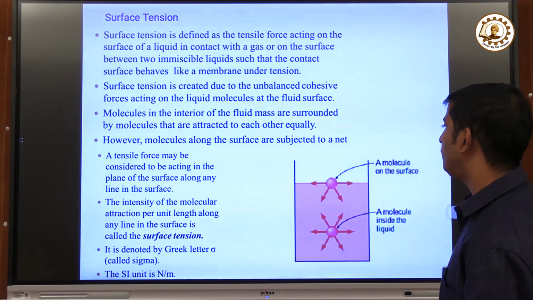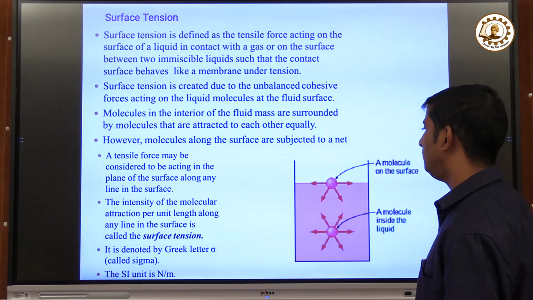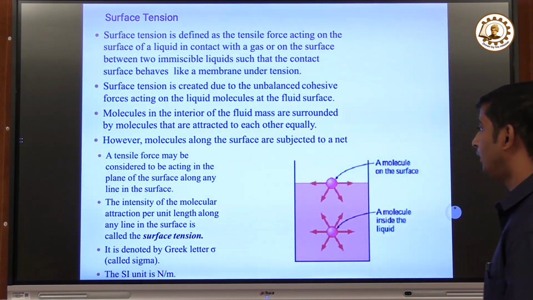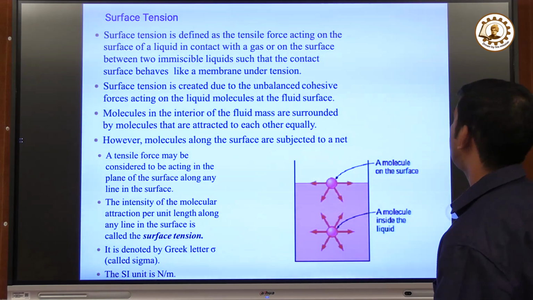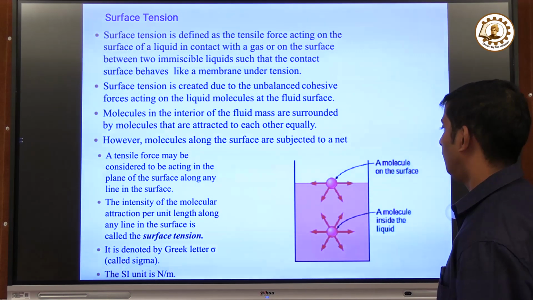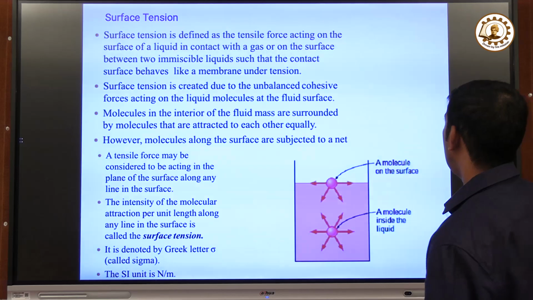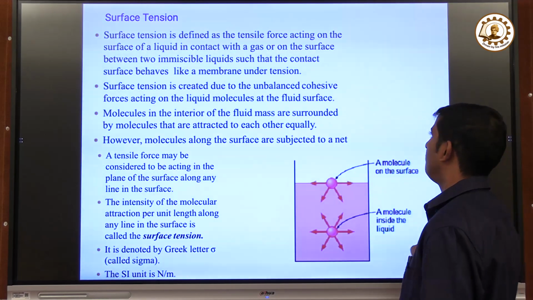The intensity of the molecular attraction per unit length along any line in a surface is called the surface tension, denoted by the letter sigma, and the SI unit of surface tension is Newton per meter.